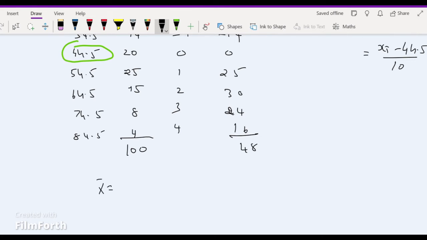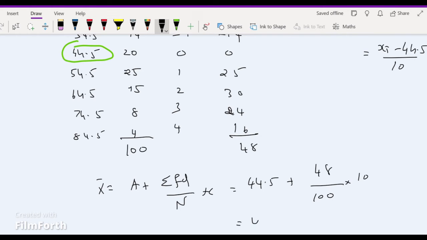So x bar is equal to A plus sum of fd by capital N into C. That is equal to 44.5 plus fd is 48 by 100 into 10, that is equal to 44.5 plus 4.8, that is 49.3.